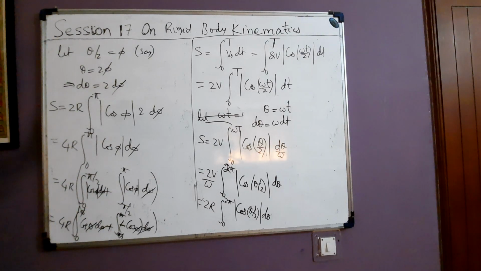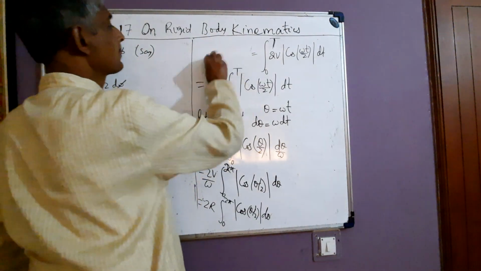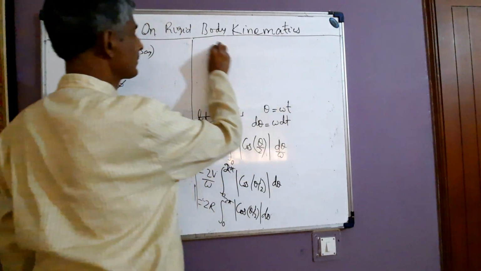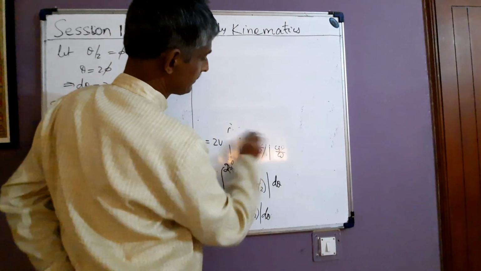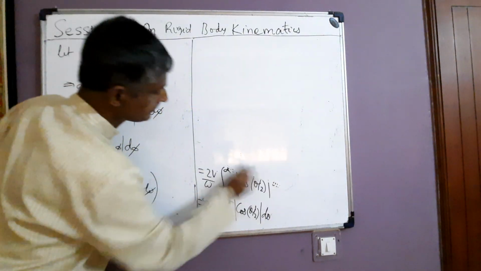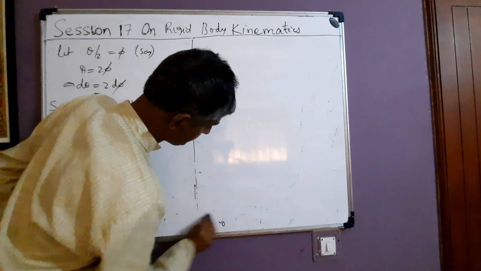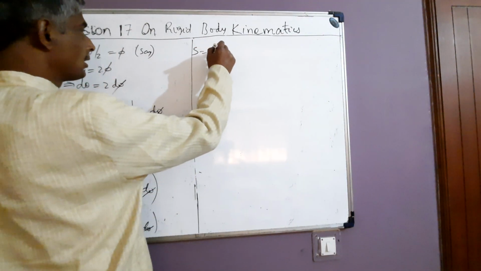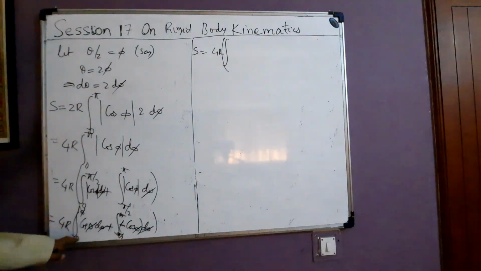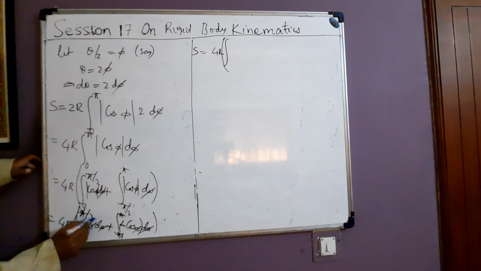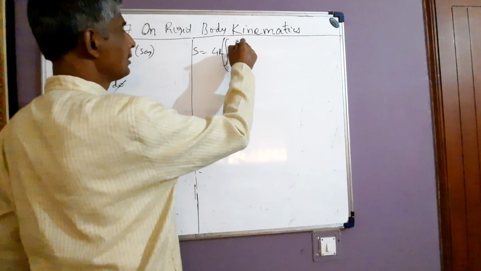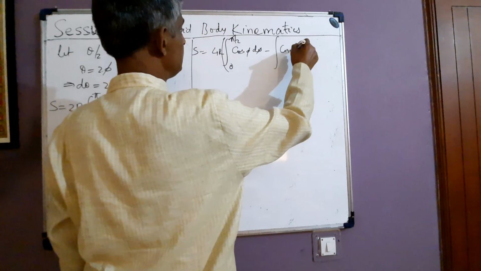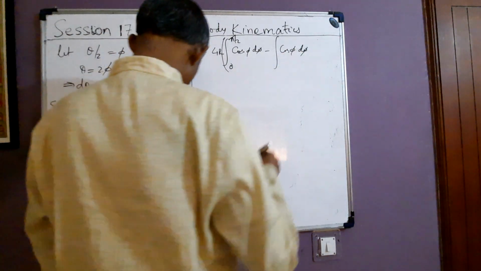Alright. Now this I rub it. Okay. So S becomes 4r, integral of cos phi d phi from 0 to pi by 2, minus integral of cos phi d phi from pi by 2 to pi.